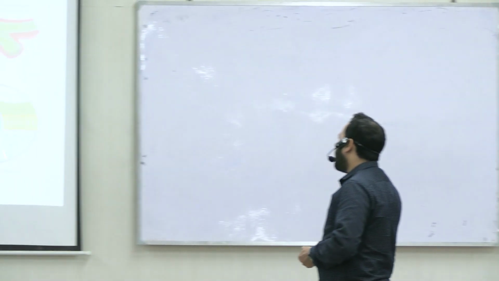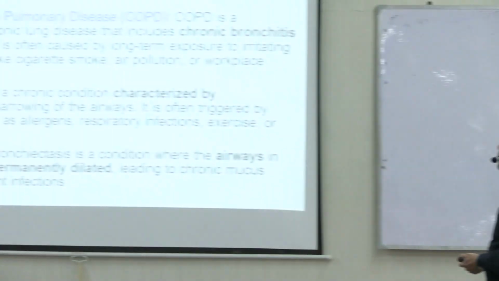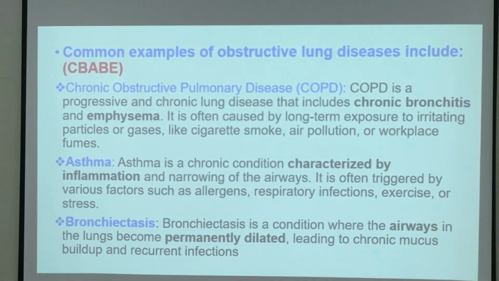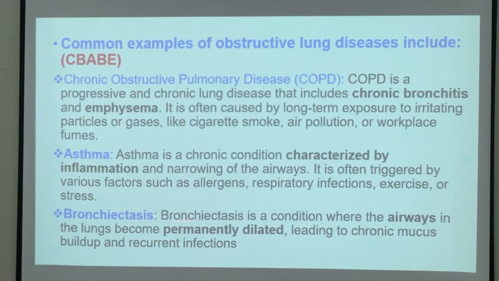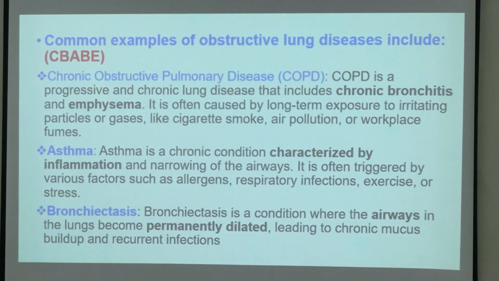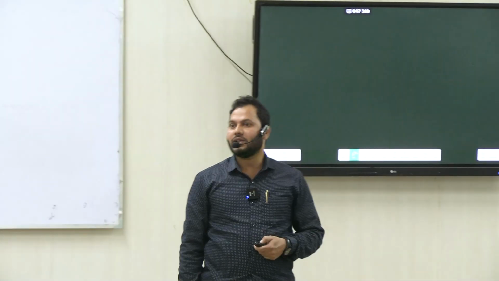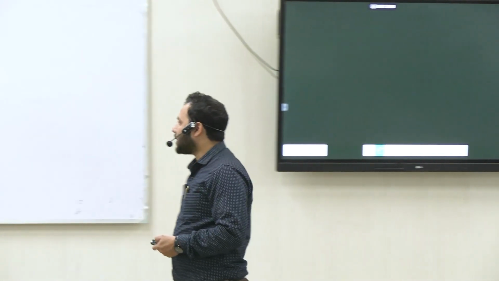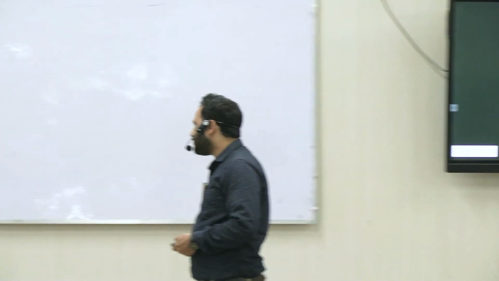It is often triggered by various factors, and the most important factors are different types of allergens and respiratory infections, and even in some cases during exercise or in stress conditions there is a high chance of the development of this obstructive lung disease called asthma.